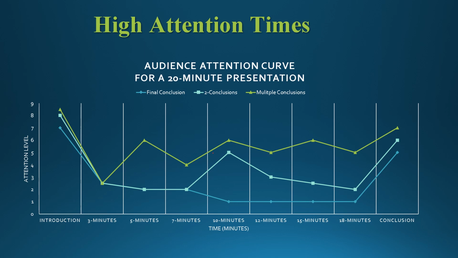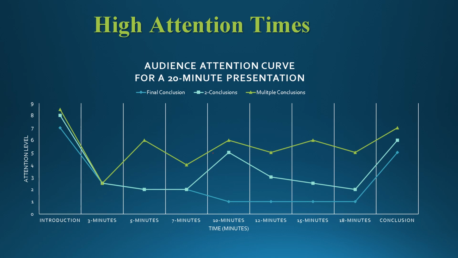Then it declines a little, but not as dramatically, and starts to rise again, because here comes another intermediate conclusion at about 16 or 17 minutes. Another slight decline, and then from that attention level the rise to the great conclusions at the end brings it to a much higher attention level.